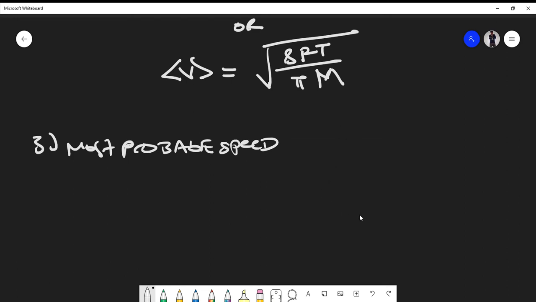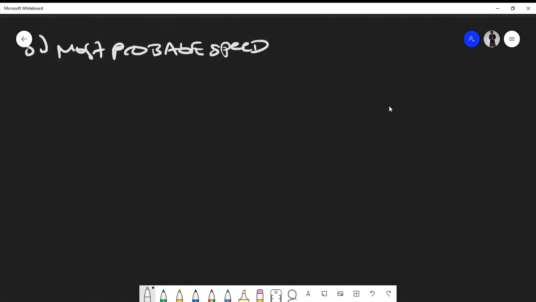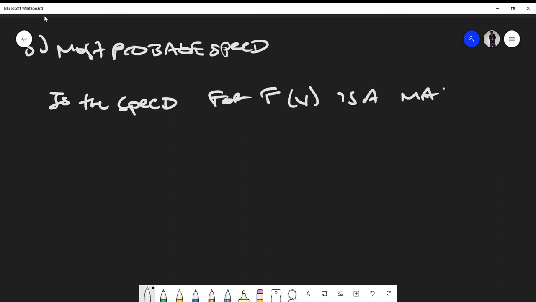Again, the most probable speed is the speed for which the function f of v is a maximum. In other words, this is when f prime, or the derivative of f of v, is equal to 0. That's all we're saying.